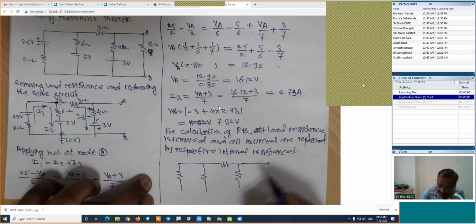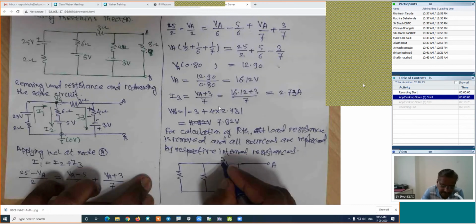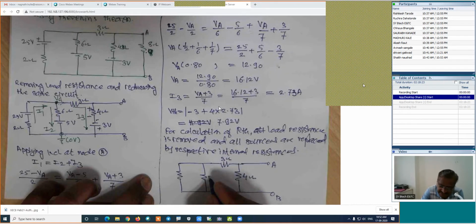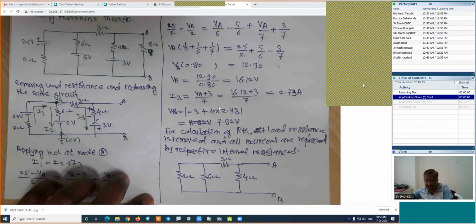And this will be the terminal A and B. This is A, this is B. It is 4 ohm. This value will be 3 ohm. It will be 6 ohm, and this will be the 2 ohm. Use the series and parallel combinations and try to find out its value.